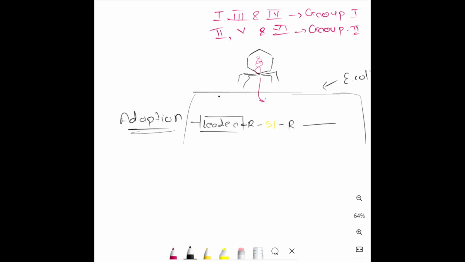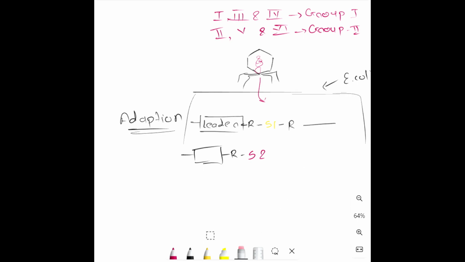So in the adaptation phase, what would happen? The CRISPR array would integrate the genome of this phage, of course, after processing. So that is S2, that is R, that is S1.